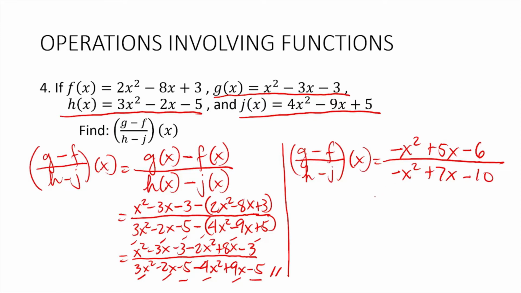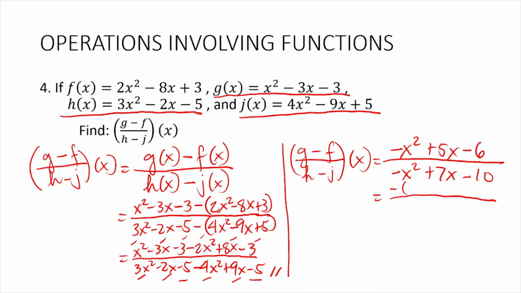In this case, the leading terms are negative, so it would be more convenient if we convert them to positive. How do we do that? We factor out -1. So factor out -1 so as to convert our leading term to positive, okay? So that later on it would be more convenient if we factor them. All right.